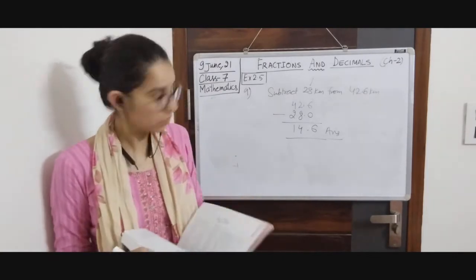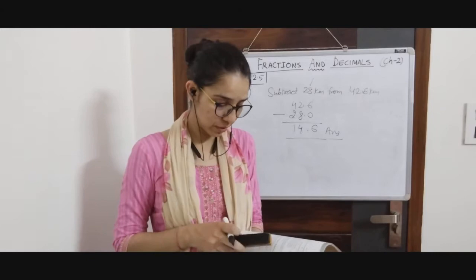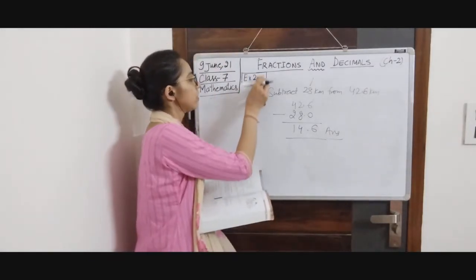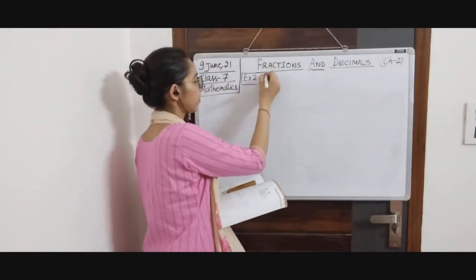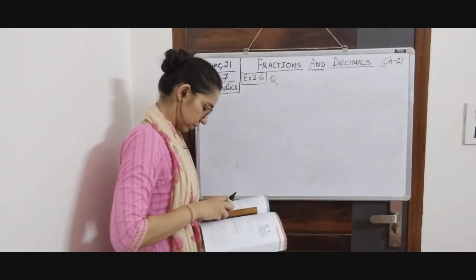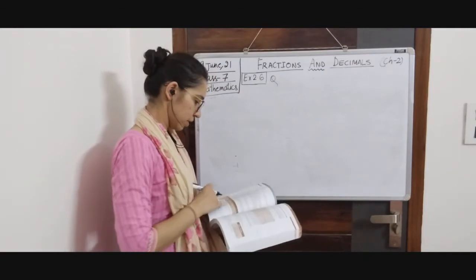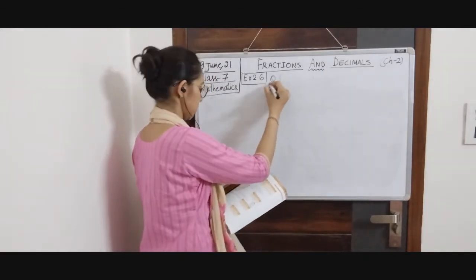Now exercise 2.6, multiplication of decimal numbers. We have already done the concept of how to do the multiplication, so we will start with the exercise only. Exercise 2.6, question number 1.